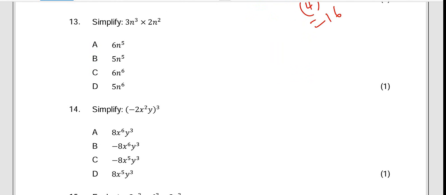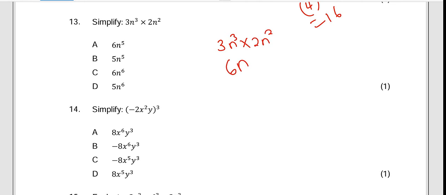So number 13, simplify. 3n to the exponent of 3 times 2n to the exponent of 2. Right, so work this out. These are easy questions. These are exponents. The first thing that we're going to do, we're going to multiply this 3 by 2. It's going to give me 6.